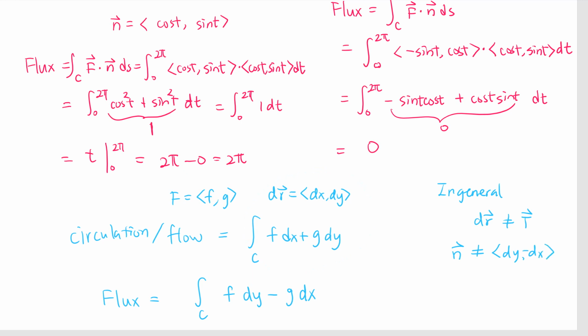In general, they are not the same. In this example, they're the same because the speed is 1, right? The magnitude of the velocity in this case is 1, so this n is in fact a unit vector, but in general it might not be a unit vector.